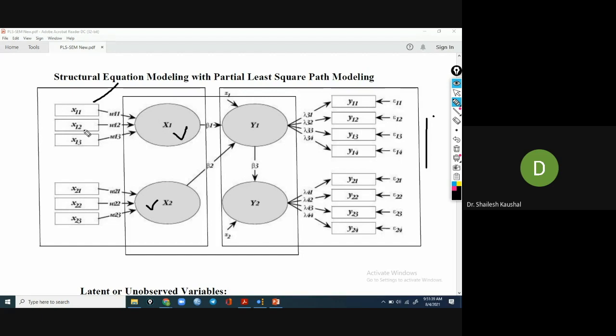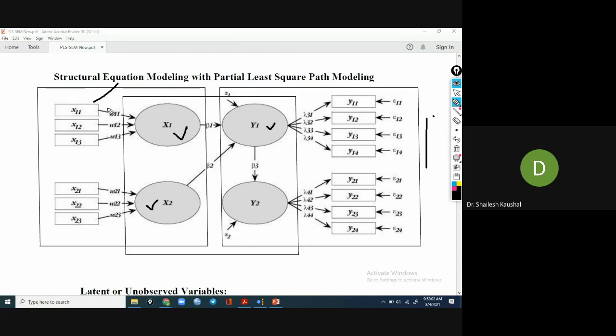So this model is the formative measurement model, and the other is the reflective measurement model. The arrow decides whether the measurement model is reflective or formative.